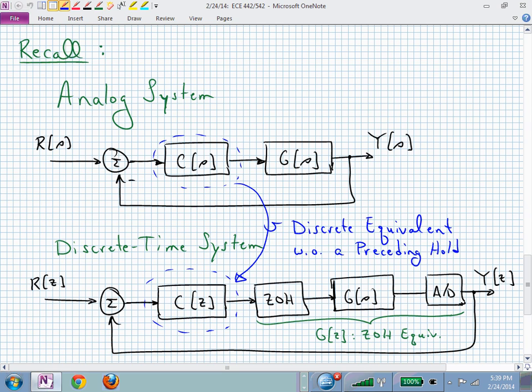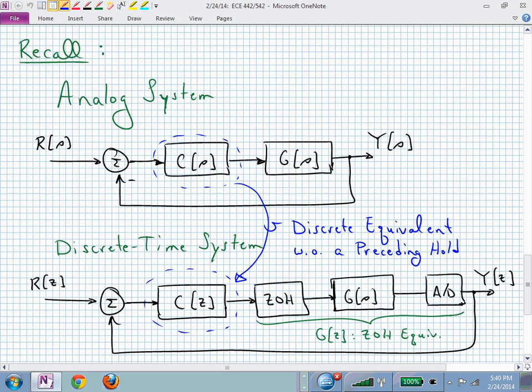Today what we want to do is talk about a different way of finding a discrete equivalent, and that is: let's say that we have already designed a controller. Maybe that's some first order transfer function, which could be a PI controller, a proportional integral controller, and we'll learn more about this as we go, or it might be a PID, maybe it's second order.